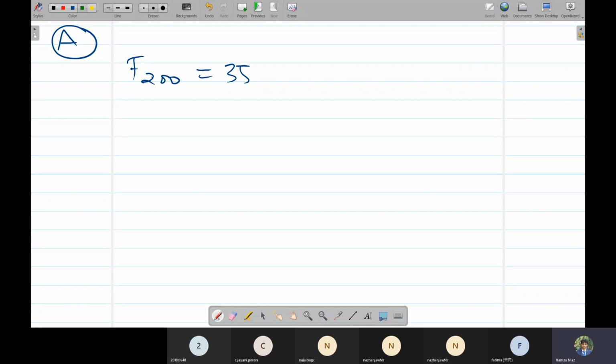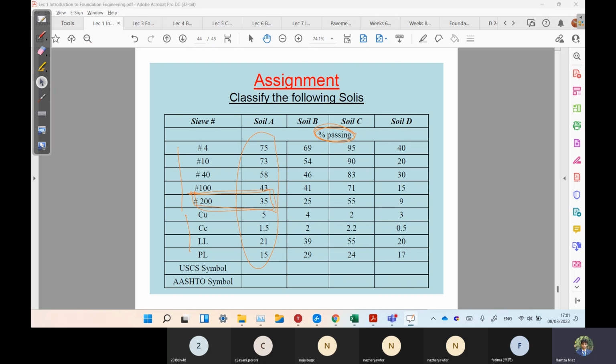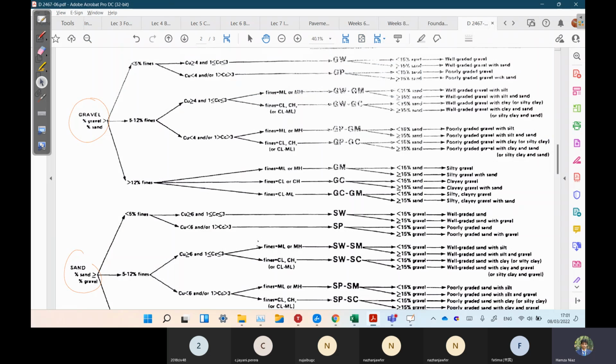So how to calculate the retained one? Retained is simple: 100 minus F200. If you simply subtract the passing from 100, we get retained. So our retained will be 65, that is more than 50. So our soil will be sand or gravel.